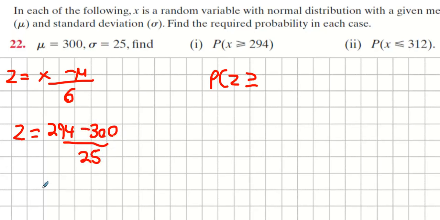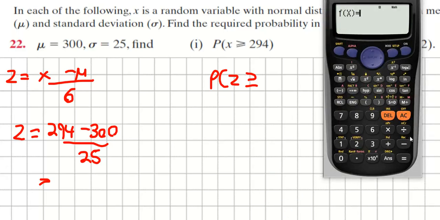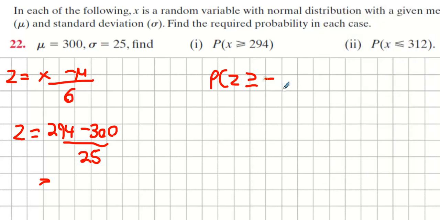Can you tell me what that is? So what we have is minus 6 over 25, and what we get is minus 0.24. Is that right? So z is bigger than minus 0.24.